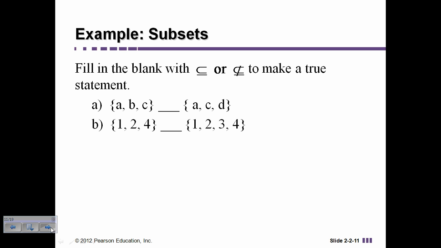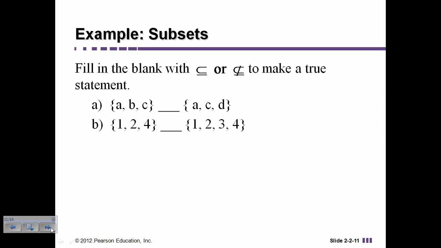So let's look at this. Is A a subset of B? Set A contains the elements A, B, C, and set 2 contains the elements A, C, and D. So the first set is not a subset of the second one because there are elements in the first one that are not in the second one.